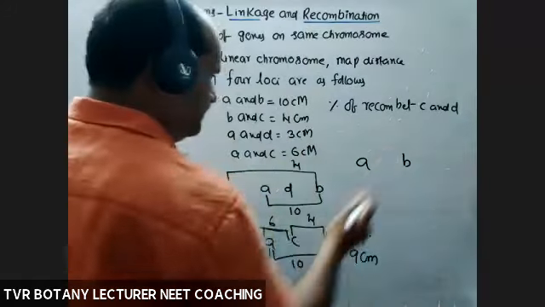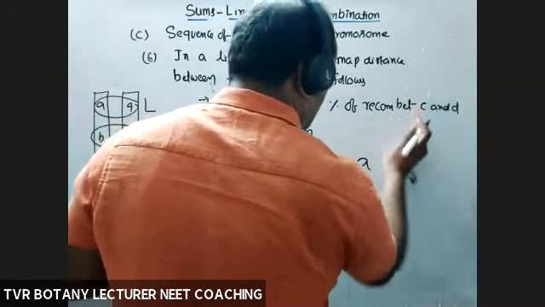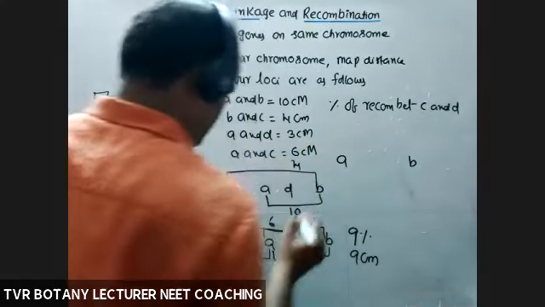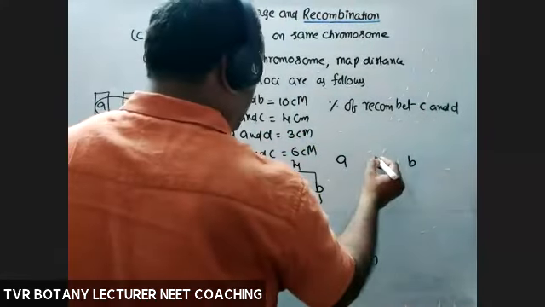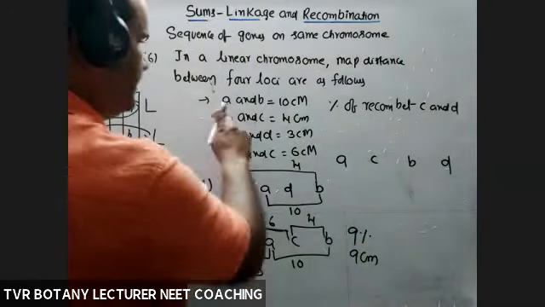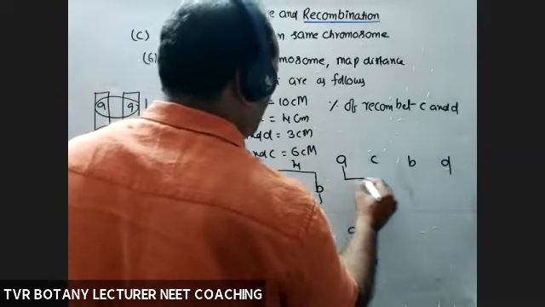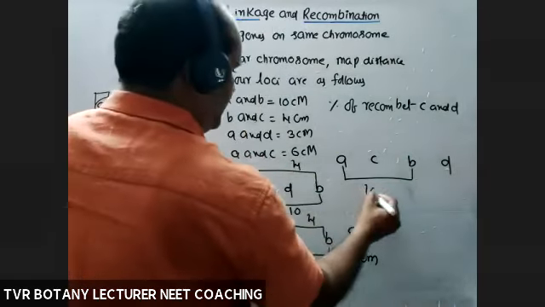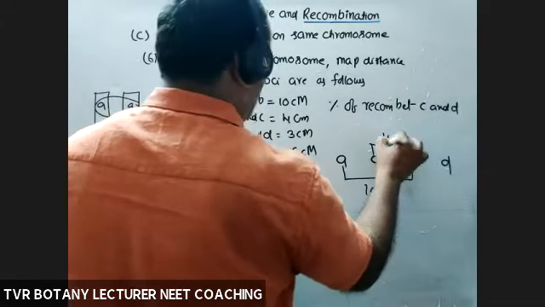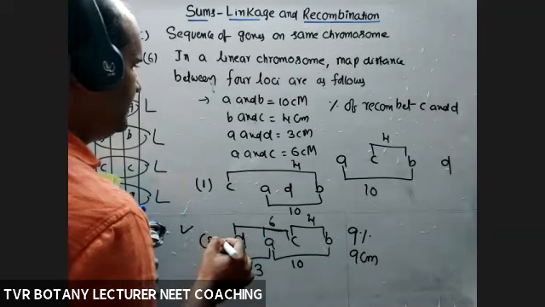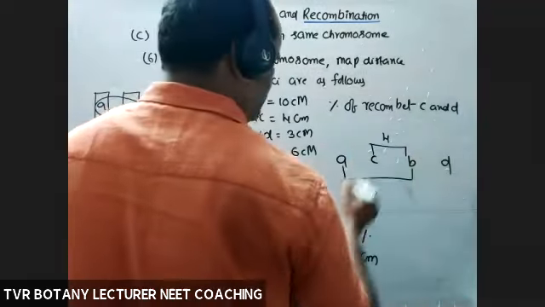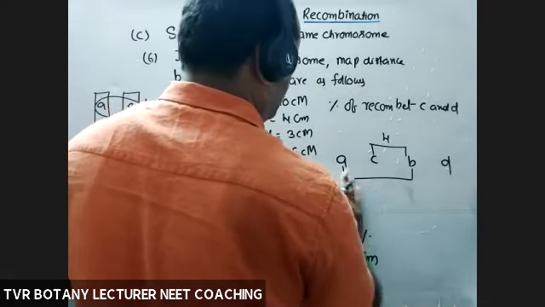A, B, C, D already completed. Any combination are you getting? Try. A, B and C, D, we will try this one. A, B, how much? 10. B, C, 4. A, D, 3. I think this is a wrong one.